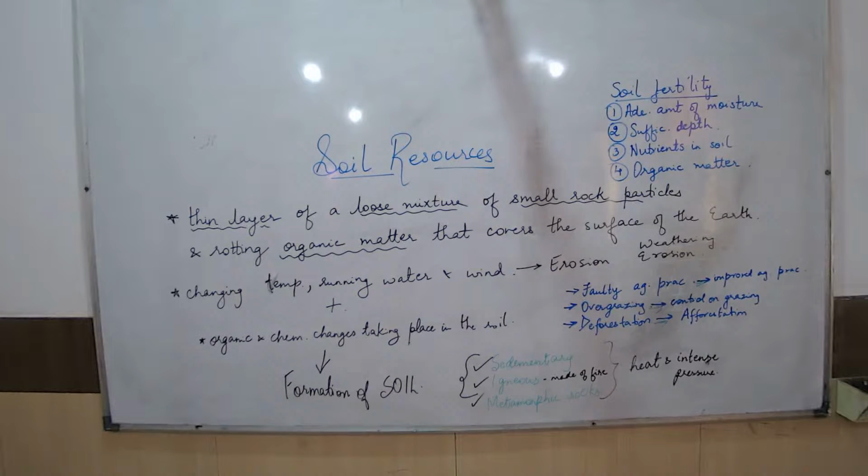In brackets, rain-fed areas. Rain-fed areas means in areas where they are dependent on rainfall, where they have less of irrigation facilities. Then next point.